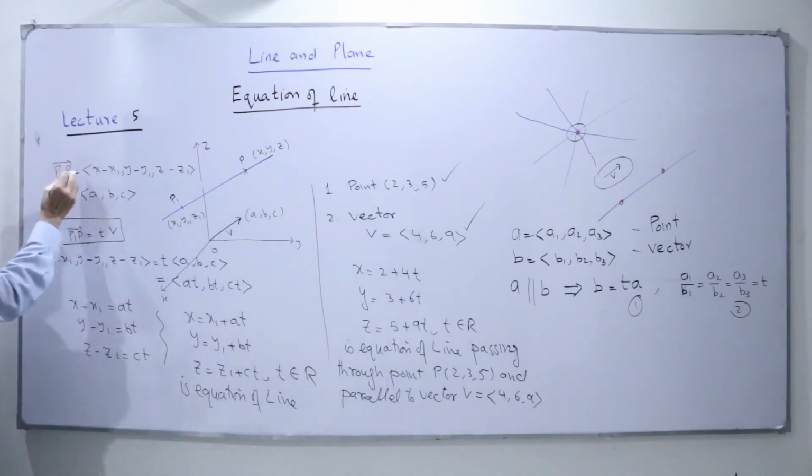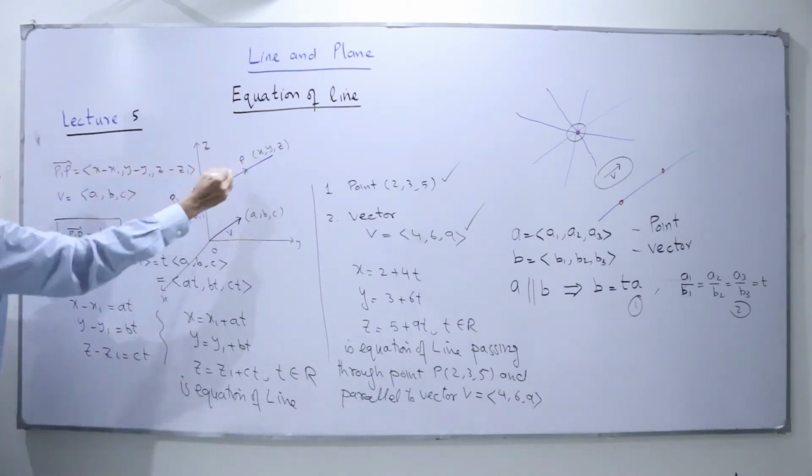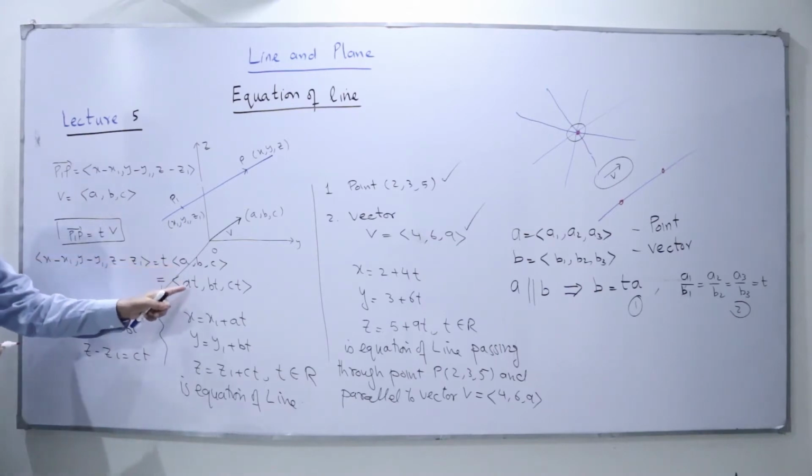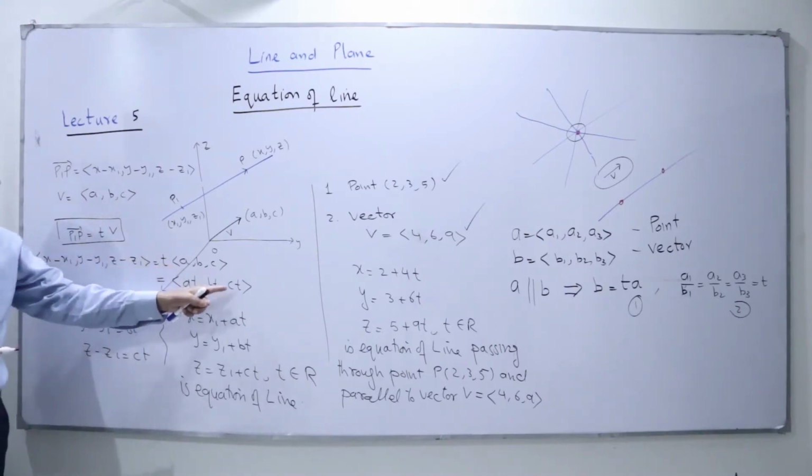We write the vector P1P as x minus x1, y minus y1, z minus z1. The vector v has components a, b, c. Since they are parallel, P1P is equal to some scalar t times v, so it is at, bt, and ct.